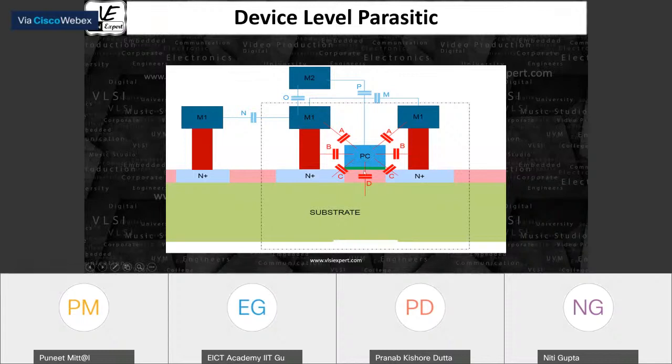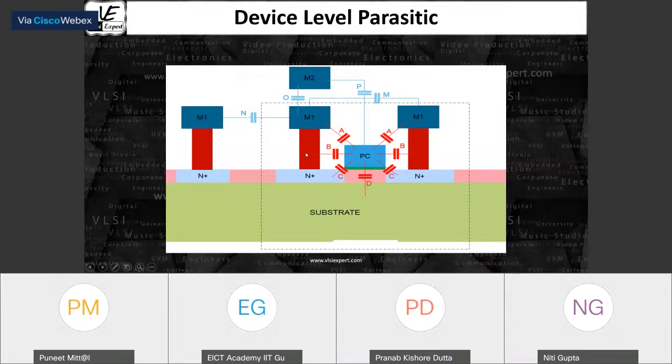There is a capacitance between the substrate, and a capacitance to the actual source or drain region, I would say the diffusion region, then the metal one also, and this VIA, which is known as the contact. So there is a capacitance between the poly layer and this contact layer.